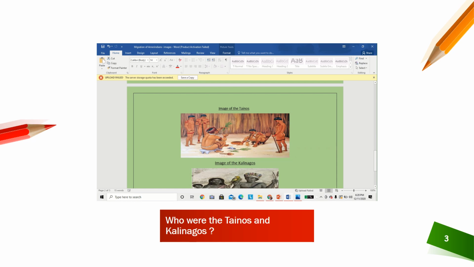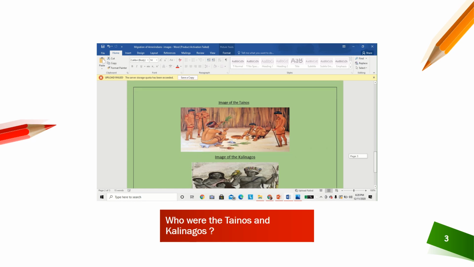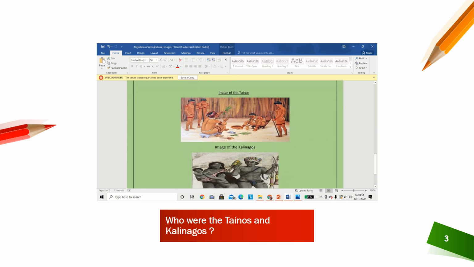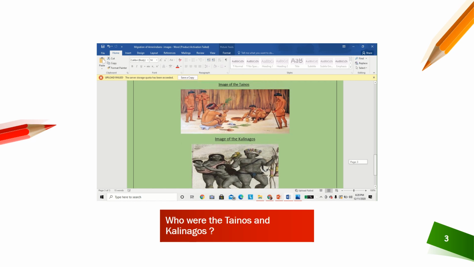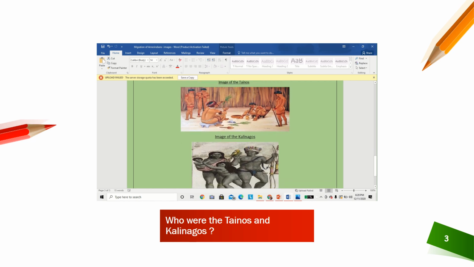Here are images of what the Tainos and Kalinagos would have looked like. They migrated in search of food and for better climate conditions.